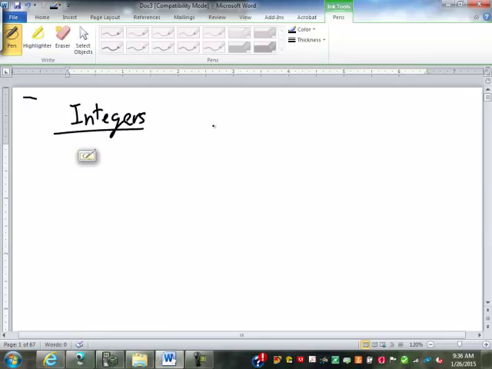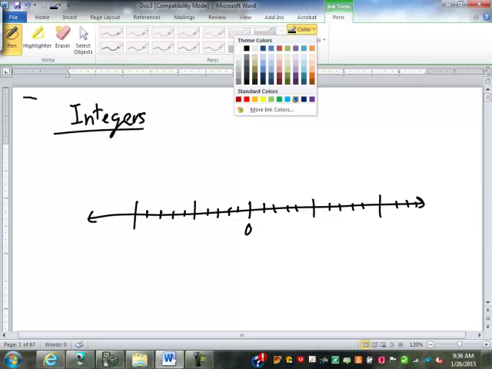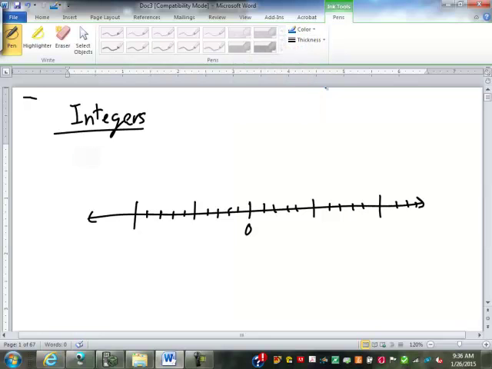And remember, we represented any value, positive or negative, on our number line with a vector. So any of our addition problems became vector problems.